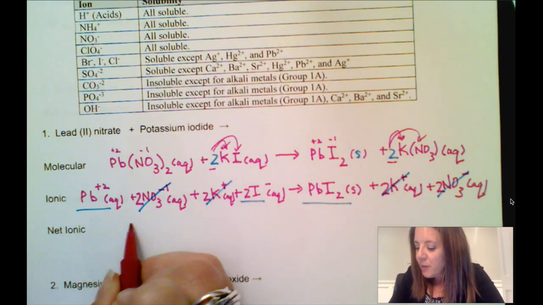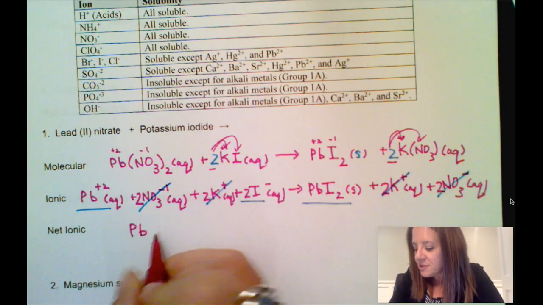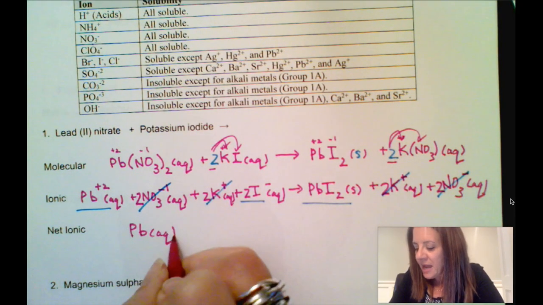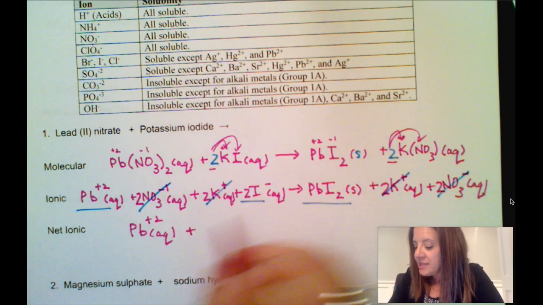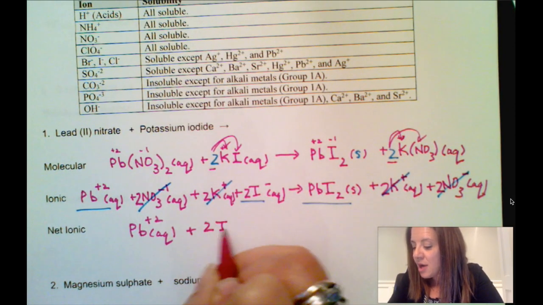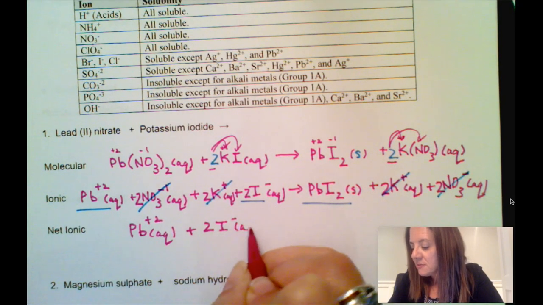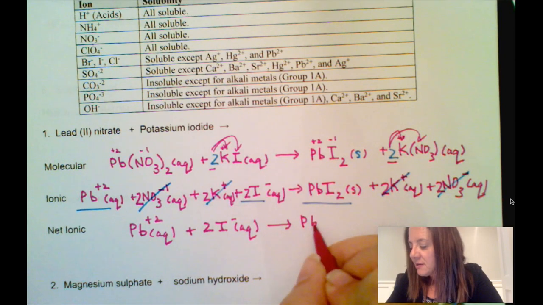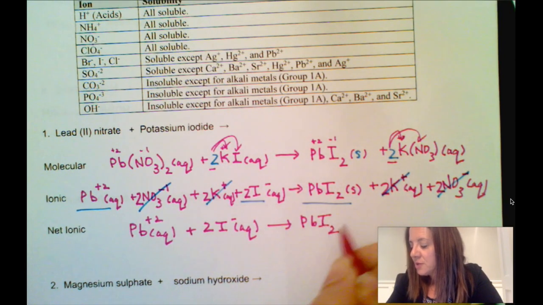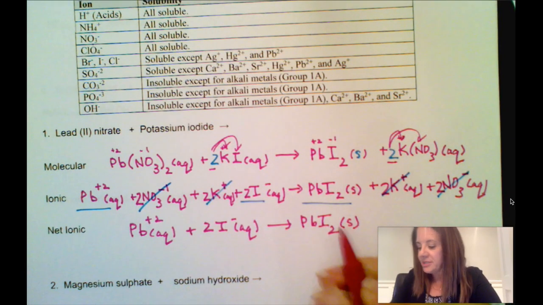What we do is we write the positive ion first, and that is the lead 2 ion, reacting with 2 iodide ions, and that will create lead 2 iodide as our precipitate.